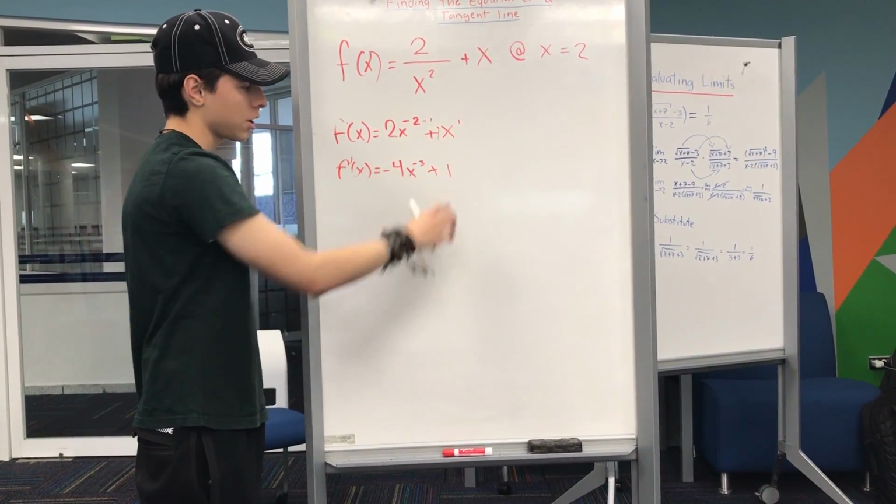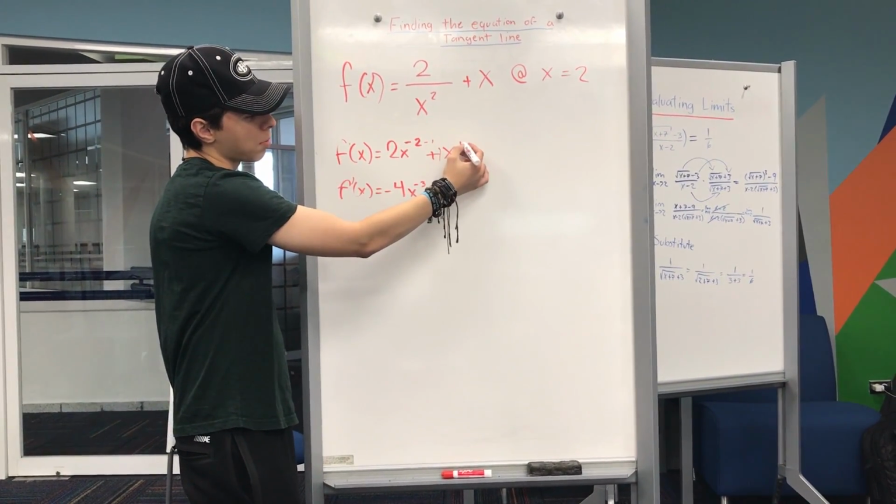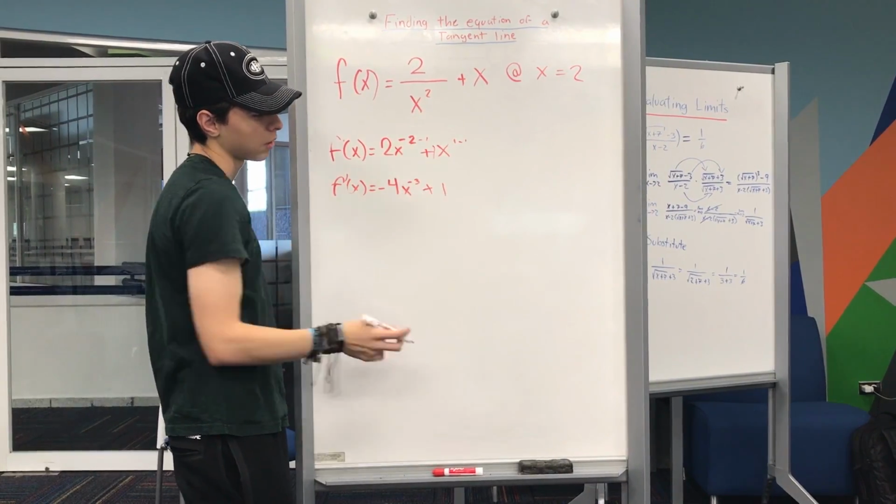It's 1 times 1, 1, and the x is eliminated because we get 1 minus 1, which is 0.